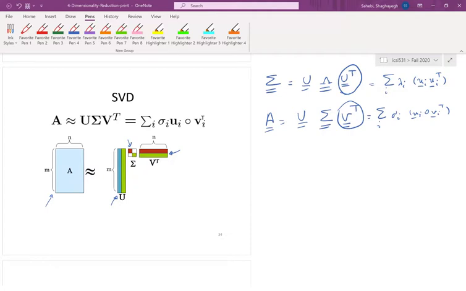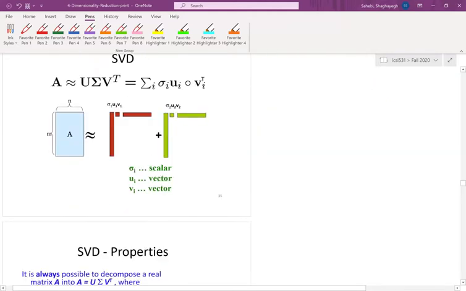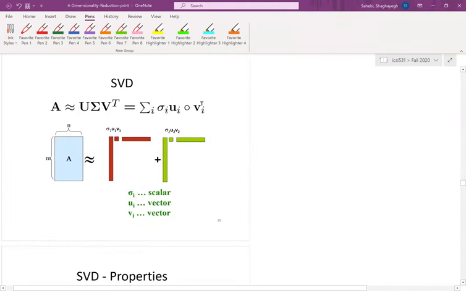So this column of U, if we take the product of it with this row of V, we are going to get a rank 1 matrix that, weighted by this sigma i, is going to give us some portion of A. So like this, we have A. It's basically a multiplication of U1 product with the first row of V and multiplied by sigma, plus another one similar to that.